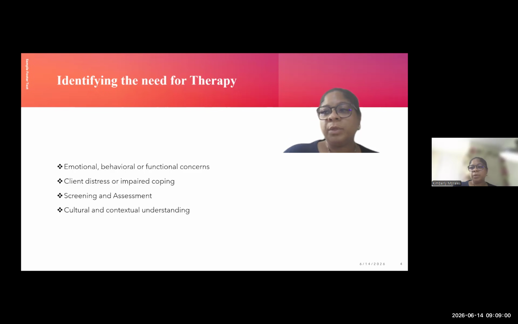Narrative therapy research shows that client stories often reveal deeper needs when explored with curiosity and cultural sensitivity. And understanding the client's context is essential before moving into the formal stage of therapy.